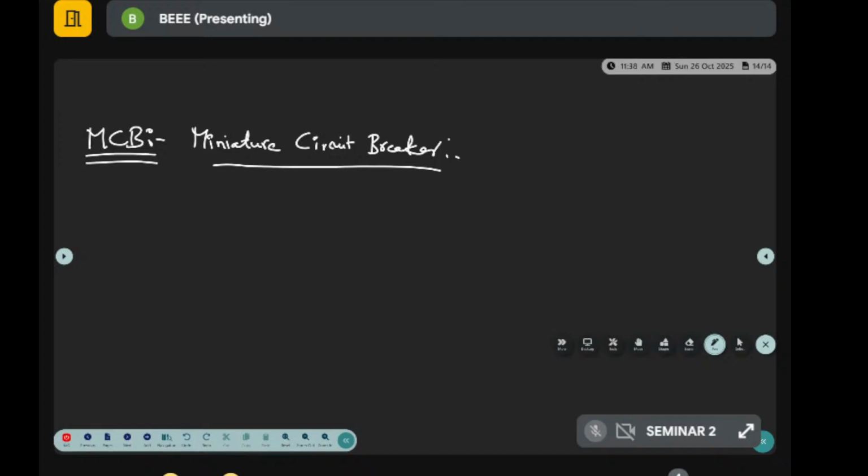Miniature is nothing but mini. Circuit breaker means whenever an abnormal condition happens, the circuit is opened. So MCB is also one of the protecting devices. But here, a human being is not required.